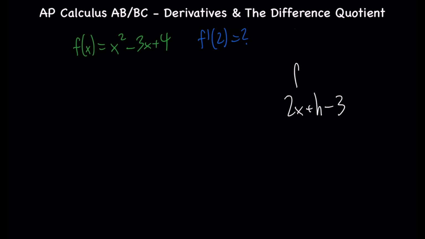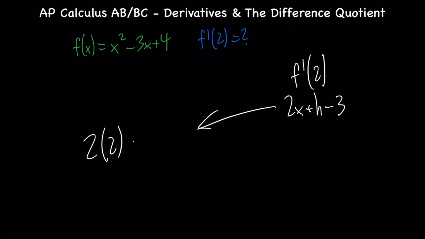So now you can plug in 2. When you do that, you have 2 times 2 plus h, or actually h is 0, and I'll explain why, minus 3. The reason why h is 0 is because, remember, we have this limit as h approaches 0.